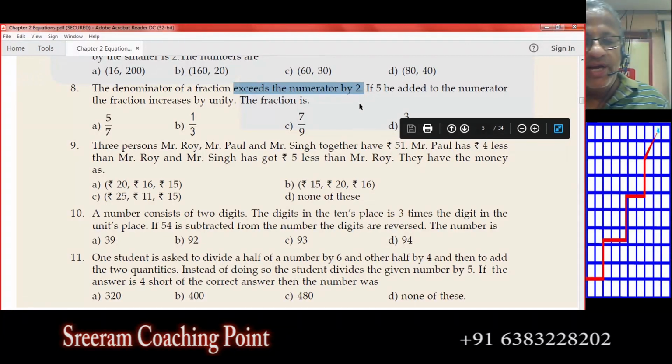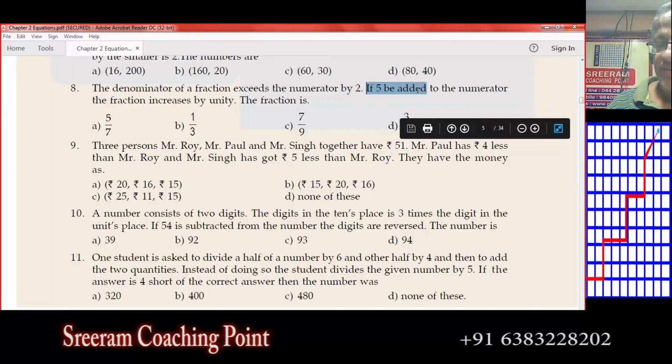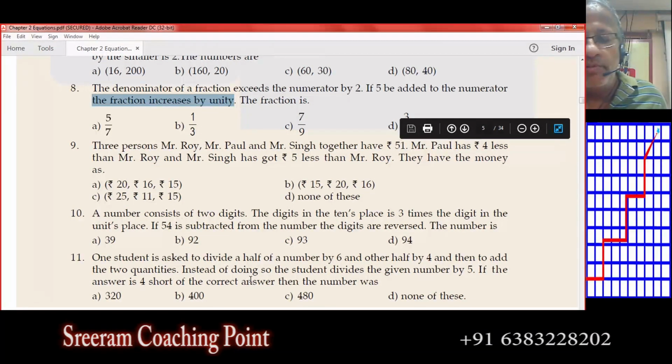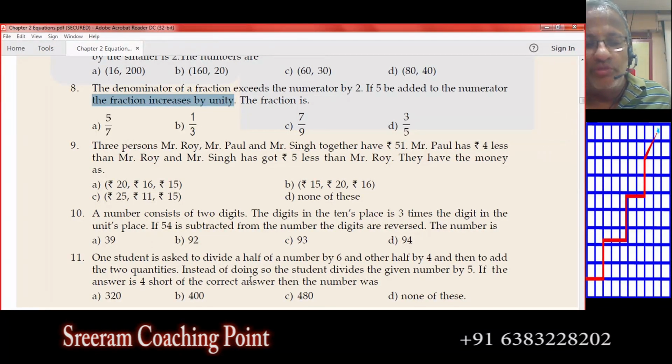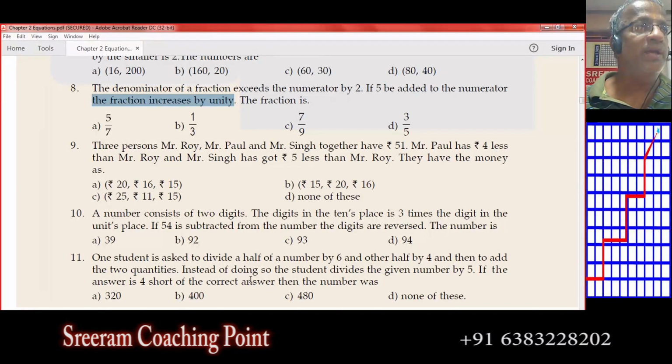If numerator is x, denominator is x plus 2. If 5 is added to the numerator, the fraction increases by unity. So what do you mean by that? If I add 5, the fraction increases by unity, by 1. So how do we take it up?